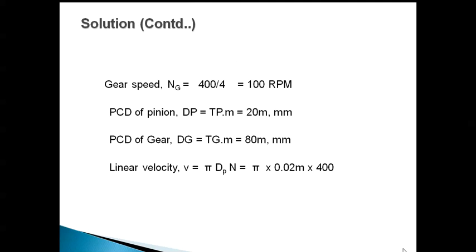So the linear velocity v equal to pi DP N. We need to get the linear velocity in meter per minute, so we need to divide by 1000 to get it in meters. Then it is pi into 0.02 m into 400.